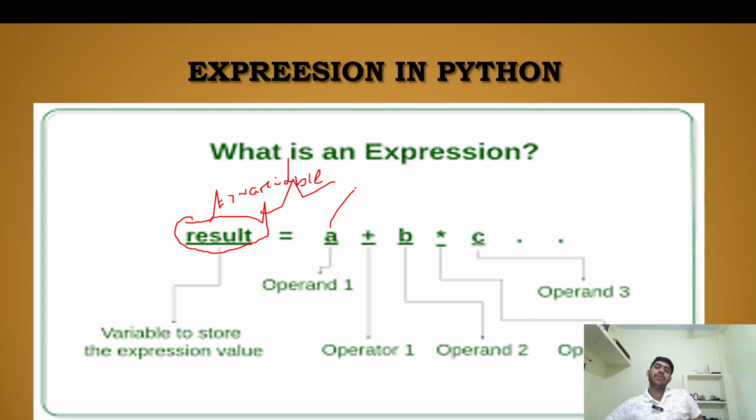Then operand, operator, operand, operator, and operand. You can see here they have mentioned: operand 1, operator 1, operand 2, operator 2, and operand 3. So we are going to solve this expression. This is called one kind of expression.